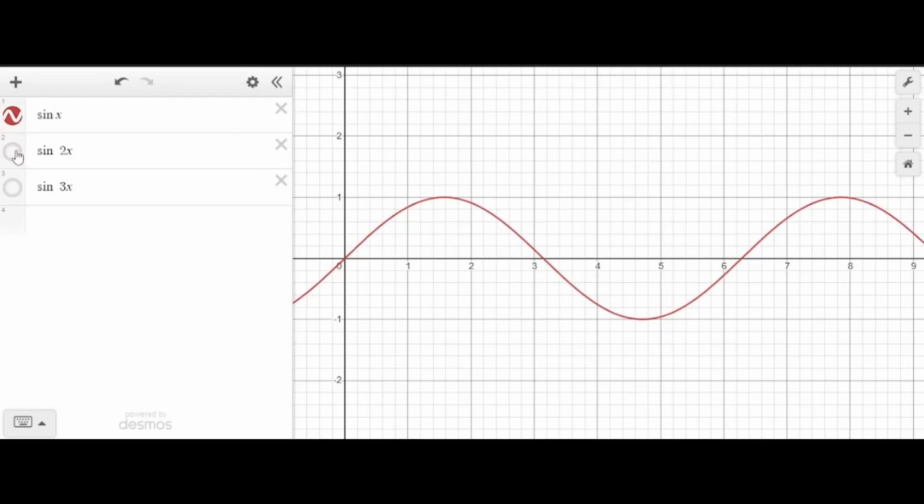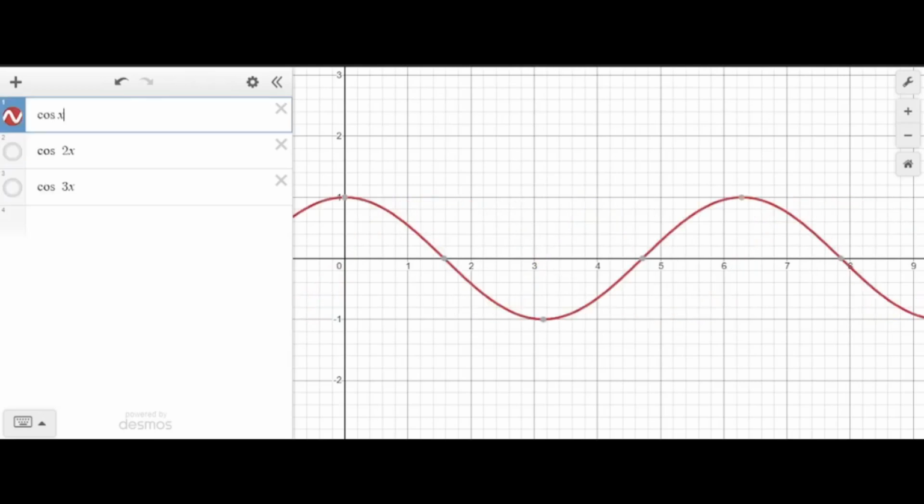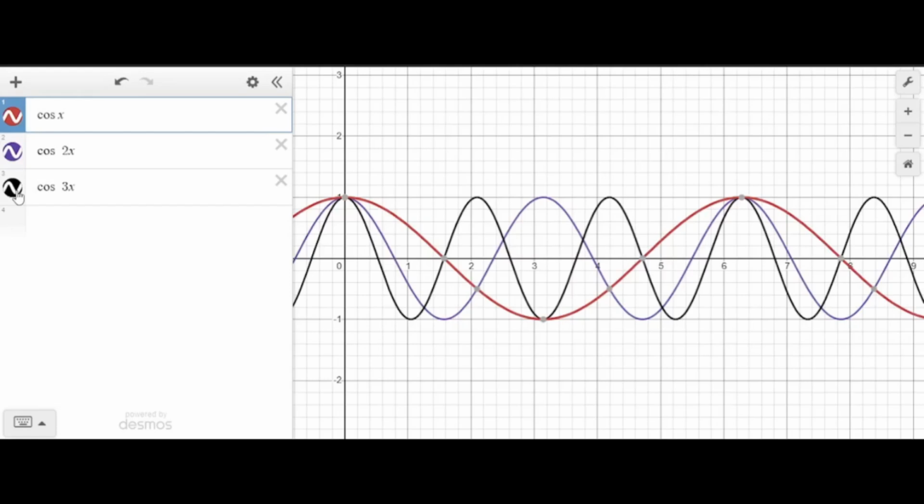Something to note is that if you double the coefficient of the variable x, then your graph has double the frequency. And if you triple the coefficient, then it has triple the frequency. Similarly, when it comes to the cosine of x, if you double the coefficient, you double the frequency, and if you triple the coefficient, the frequency is also tripled.